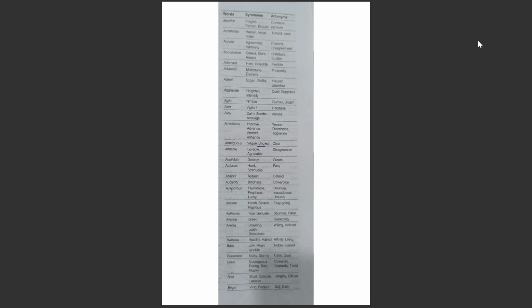The next word is authentic. Authentic का मतलब होता है true, genuine, real.